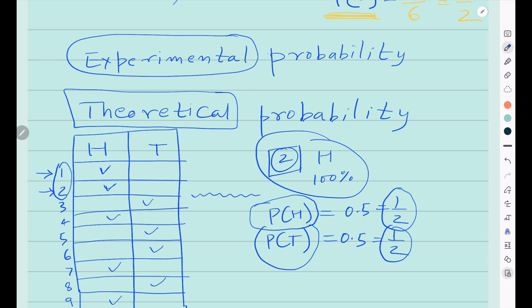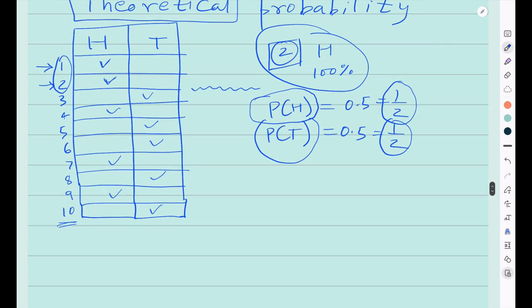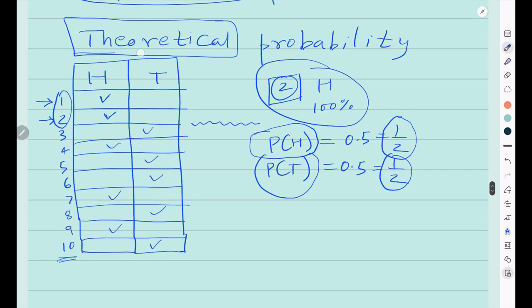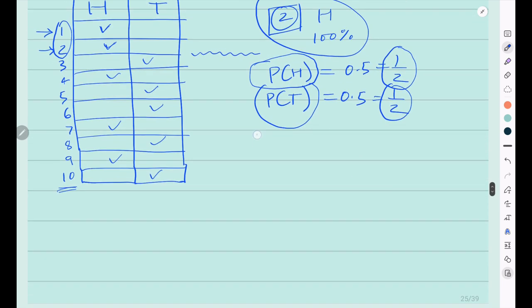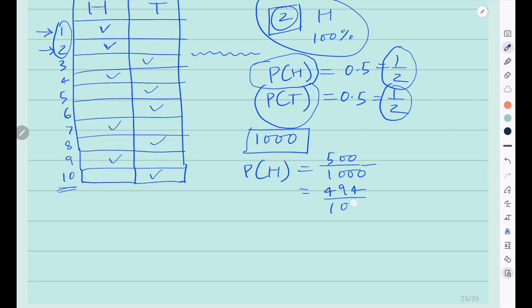So one thing is that we need to do the experiment a sufficiently large number of times, so that we get the correct theoretical probability. For example, if we toss a coin 1000 times, then the number of heads typically won't be 500 divided by 1000, it will be maybe like 494 divided by 1000.